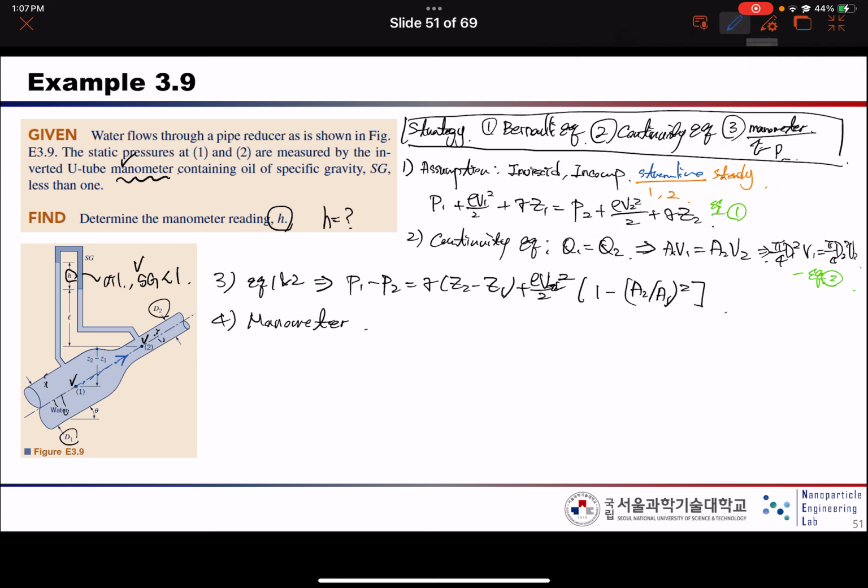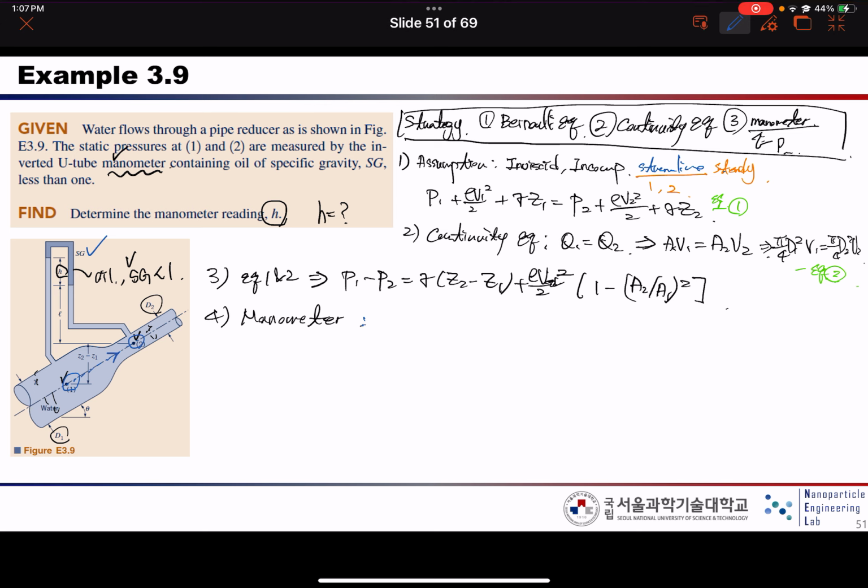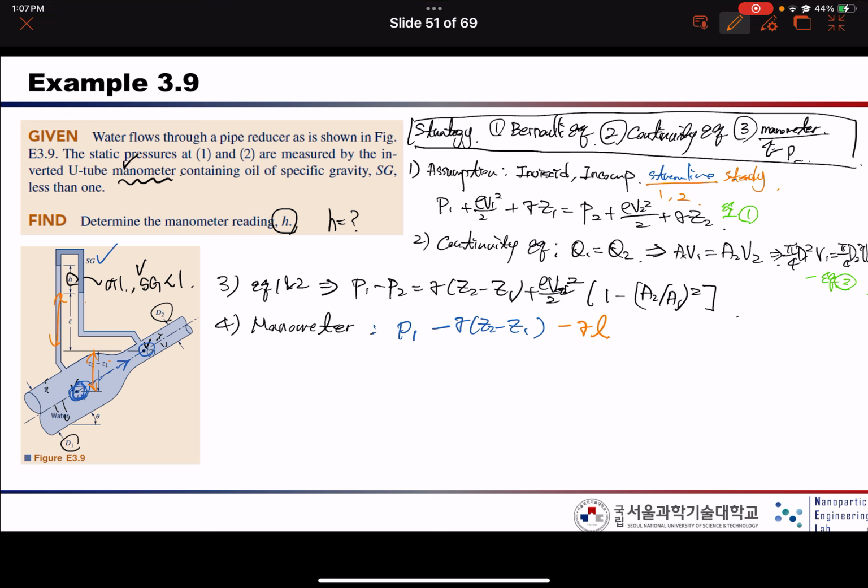So here, as you notice, P1 and P2 have a different height and also there's some manometer. So for the manometer, P1 over here minus gamma (Z2 minus Z1). So this one represents this pressure, and minus gamma L, so this one, and minus gamma H, so this one, equals P2.